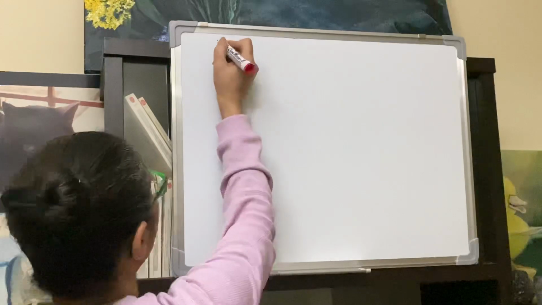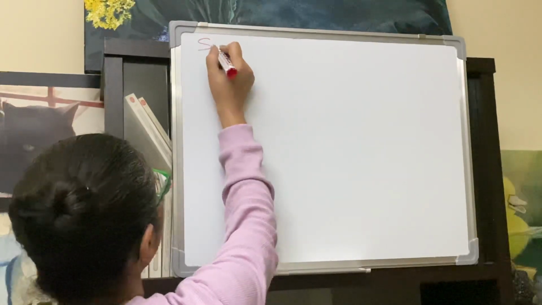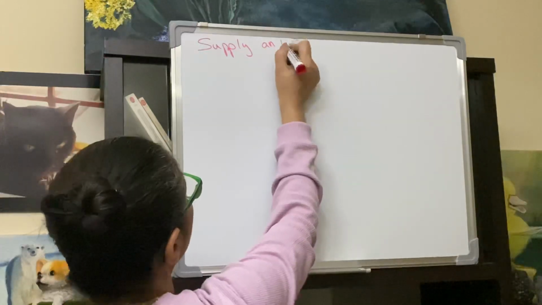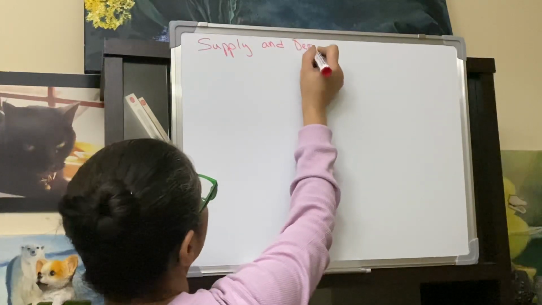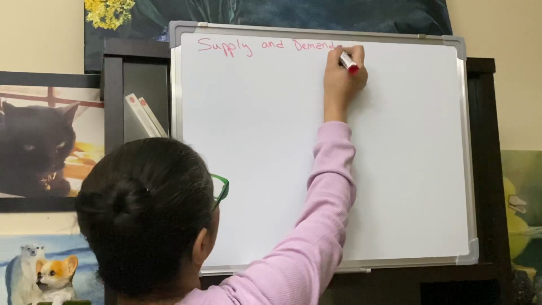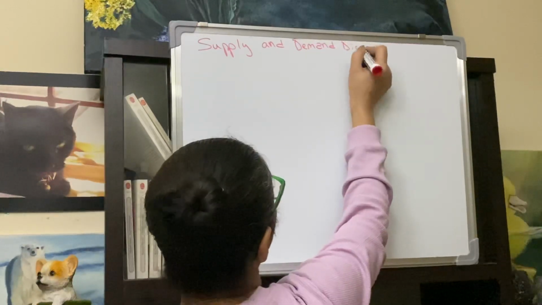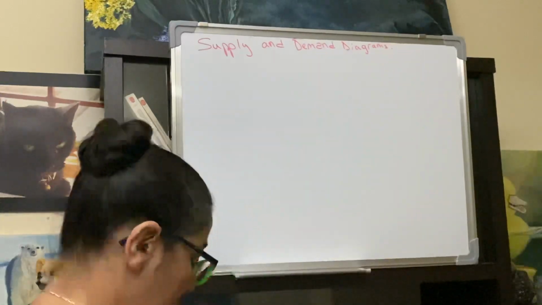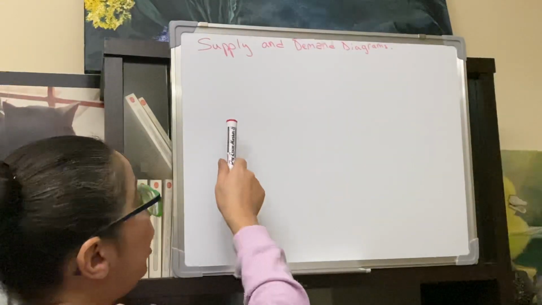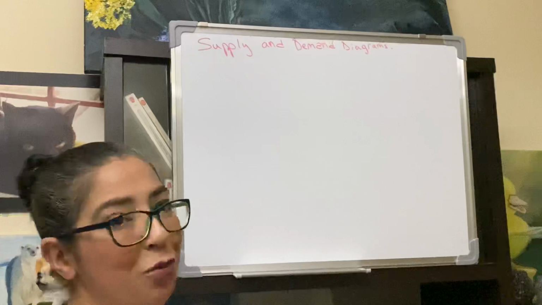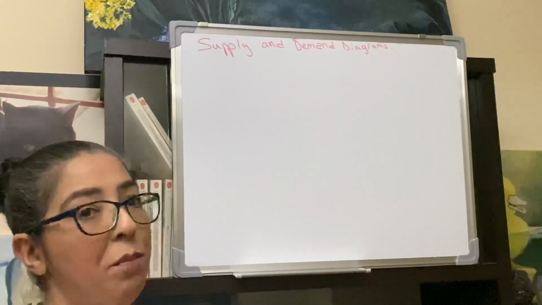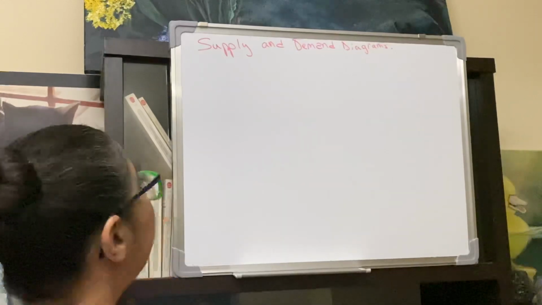Okay. Moving on, I told you this is important. So, supply and demand diagrams. The first thing to do when you hear or read this is to plot a supply and demand diagram with everything in it.